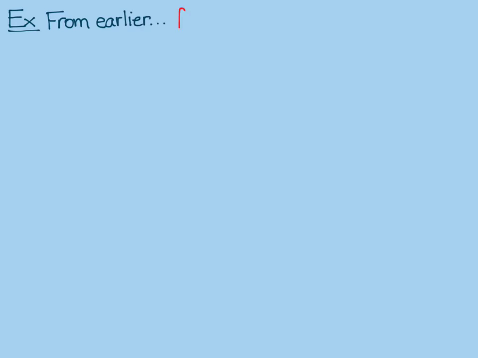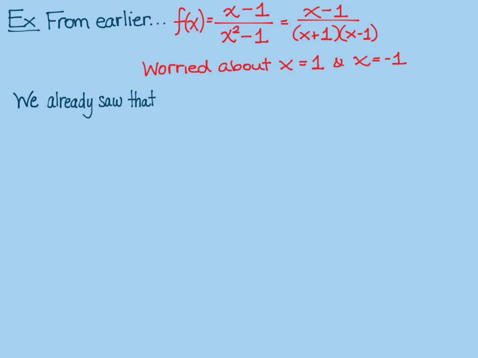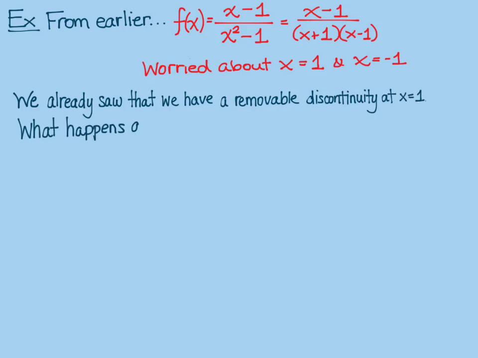Looking at another example, this is the same function we saw earlier, f of x equals x minus 1 over x squared minus 1. And earlier we saw that at x equals 1, we had a removable discontinuity. But now we'd like to see what happens at x equals negative 1.